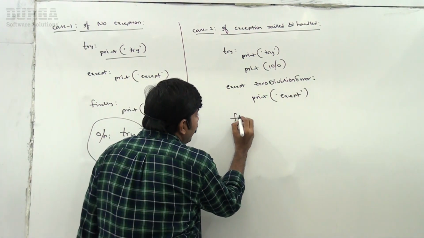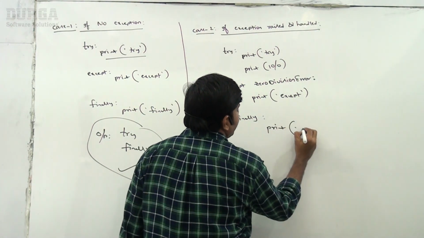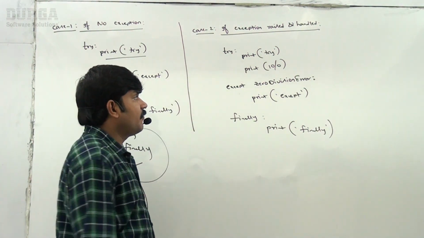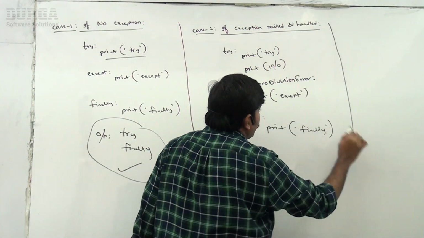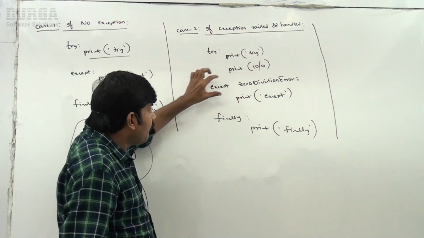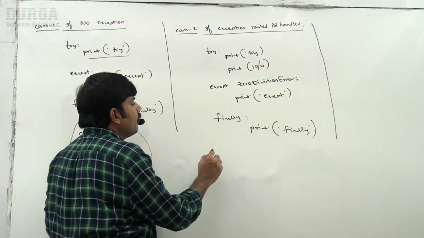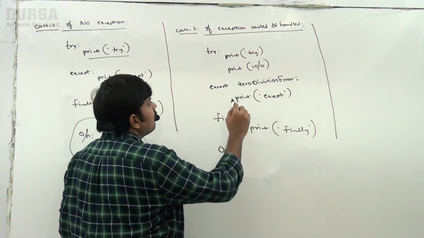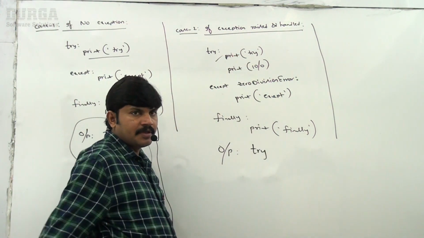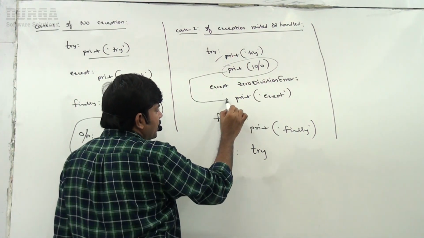Next, finally, print of finally I'm taking. Can you please confirm what output we are going to get? Very simple. If an exception is raised but handled, the corresponding except block is available. What is the flow? Very simple. Here try will be printed. Here an exception got raised. Immediately the control goes to the except block.